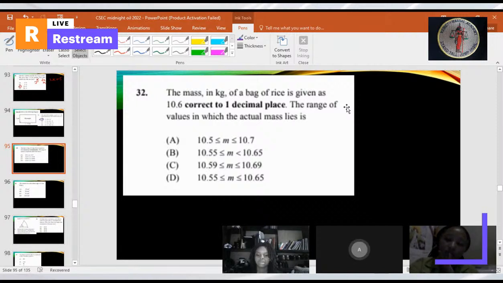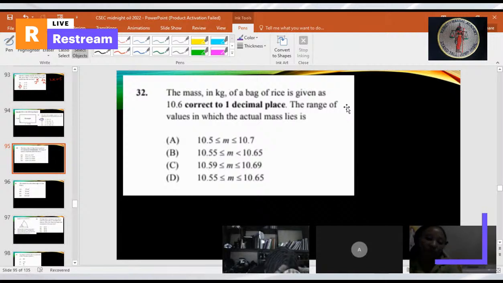The mass in kilograms of a bag of rice is given as 10.6, correct to one decimal place. The range of values in which the actual mass lies is... So what they're asking is, if we round something off to one decimal place, what are the values that we would have used?